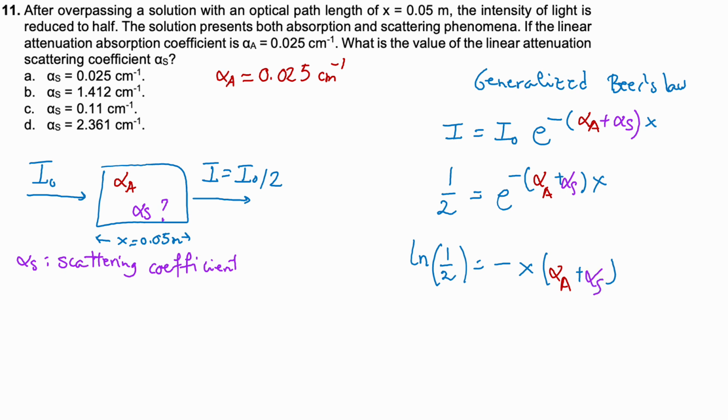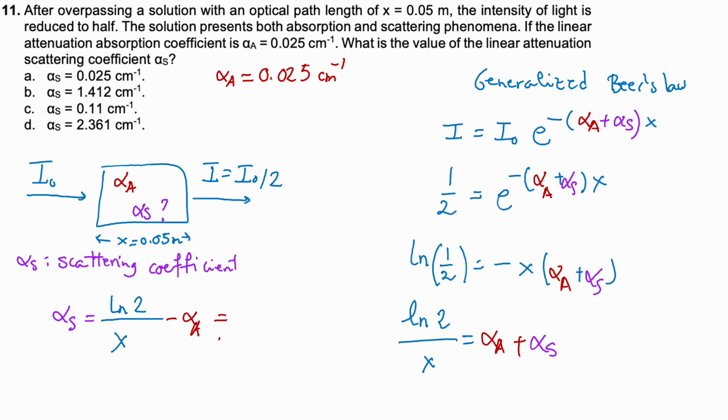Now that minus we can invert, so we have the natural logarithm of 2 divided by x equal to the summation of our coefficients, the absorption and the scattering. So at the end, my scattering coefficient is the natural logarithm of 2 over how thick the material is, minus our absorption coefficient.